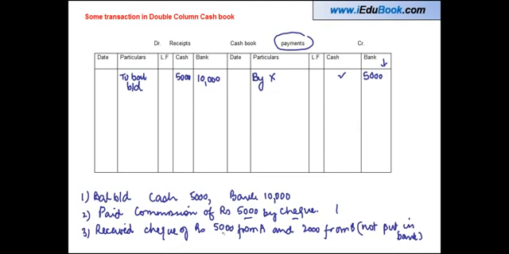So you've got two checks, one of 5,000 from A and the other one of 2,000 from B. Okay, so basically for the one you received in A, you've put it into the bank. The moment you put it into the bank, the balance of bank will go up. So it's a receipt. So I will say to A, how much? 5,000, and I will put it in the bank column because there is a receipt of check and not cash.